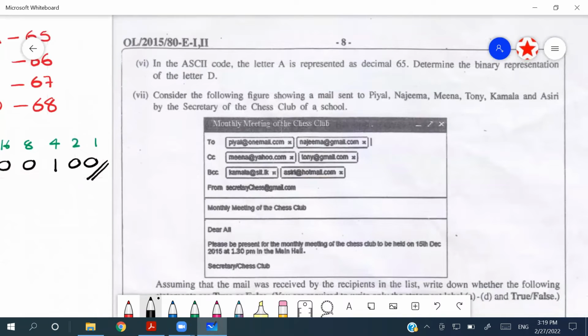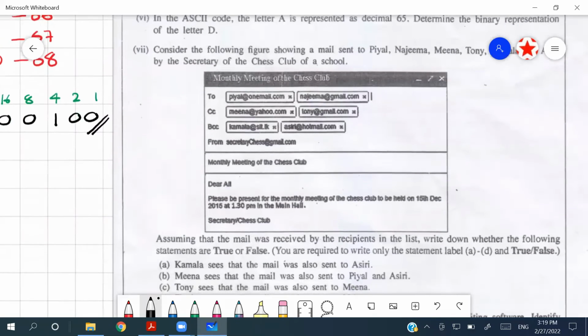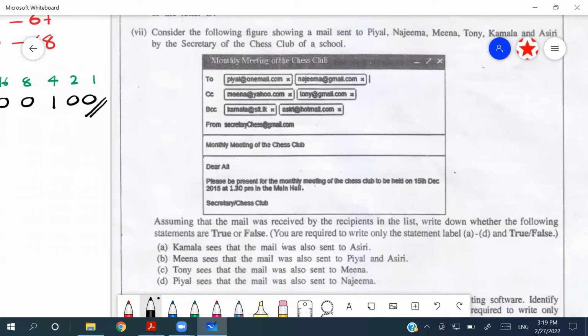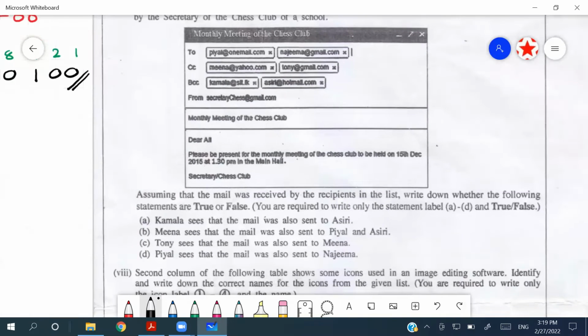So Priyal and Najima are the main recipients. Meena and Tony have the carbon copies, and Kamala and Asiri have the blind carbon copies. Assume that the mail was received by the recipients in the list. Write down whether the following statements are true or false.